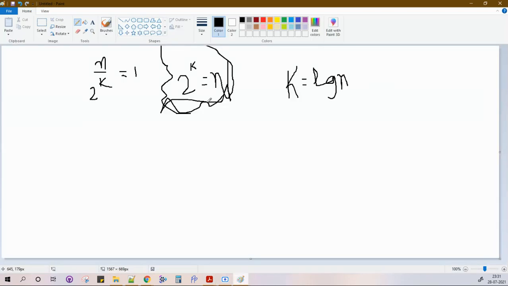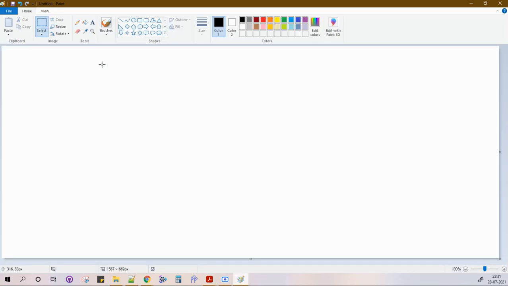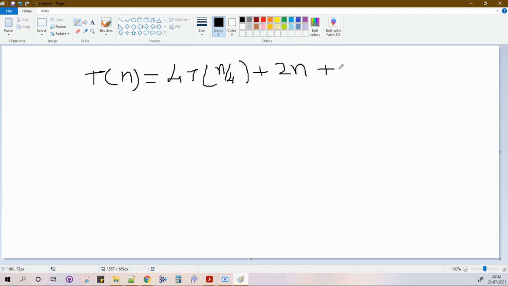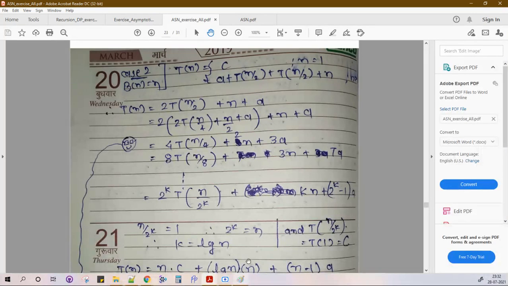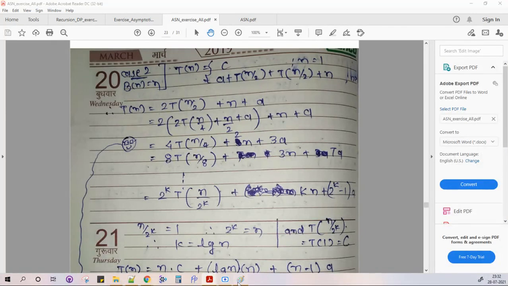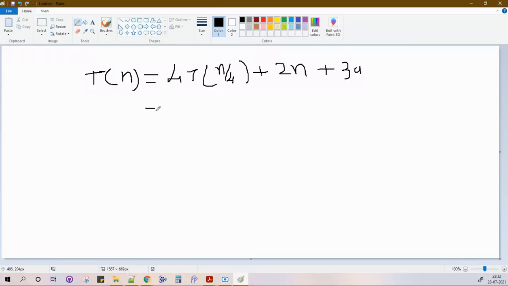Now for the next call, let's do it in Paint. Let me write the equation directly. T of n, we got something like this: 4 multiplied by t of n by 4, plus 2n plus 3a. Now at the next call, what will happen?